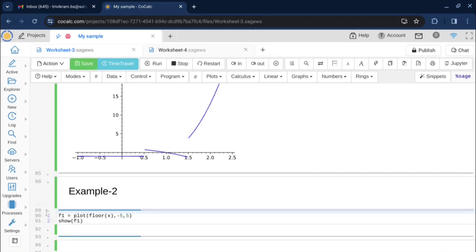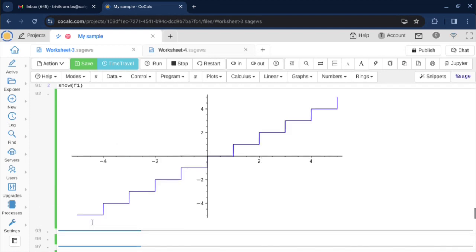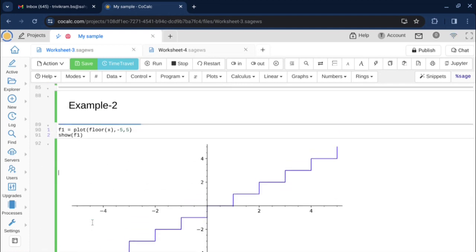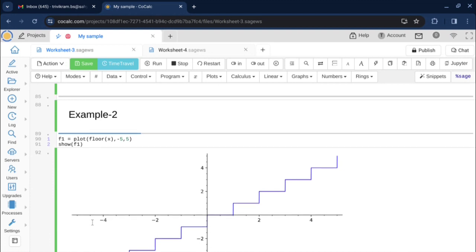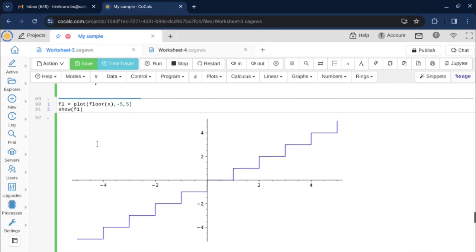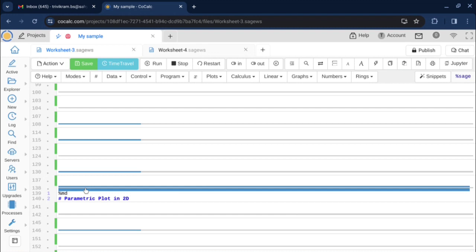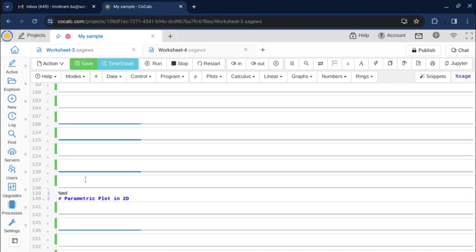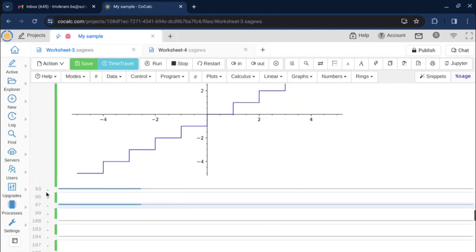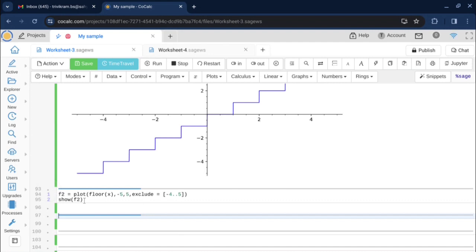Okay, next let us take an example 2, that is plotting floor function like this. So f1 is nothing but I have taken -1, plot floor of x from -5 to 5. Now here I have to exclude -4 to 5.